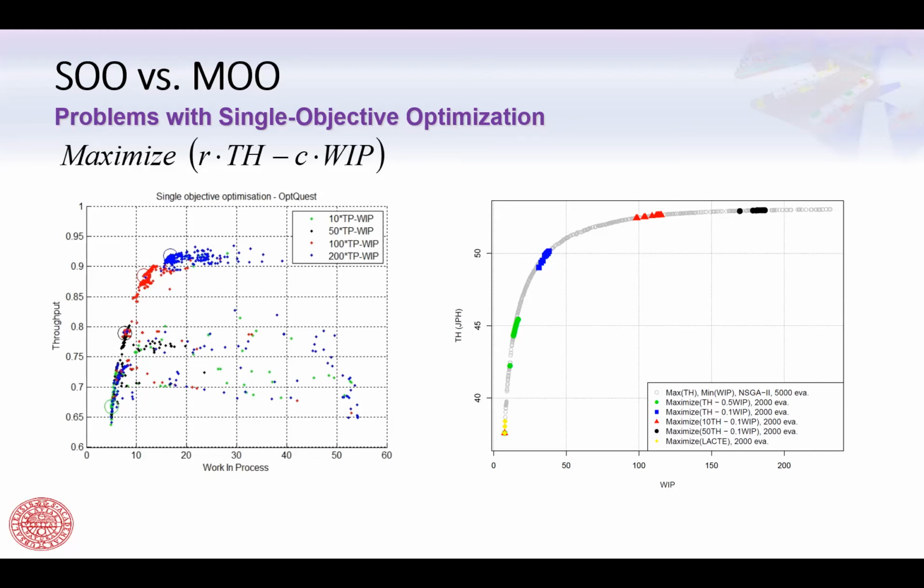And that's why with single objective, it is not possible to find the whole Pareto front, because the weight will bound the optimization so that when you converge, you will just focus on a certain region in the search space.